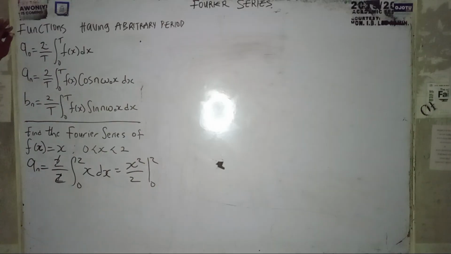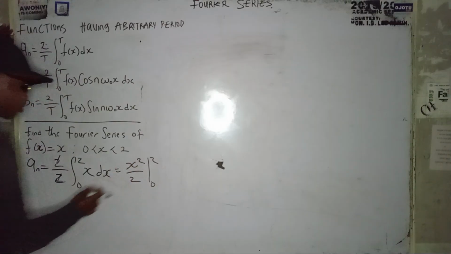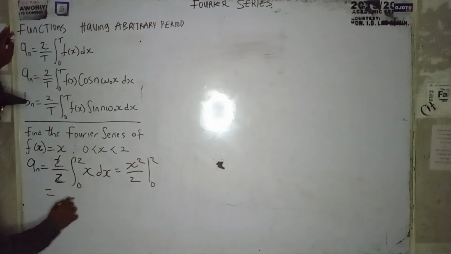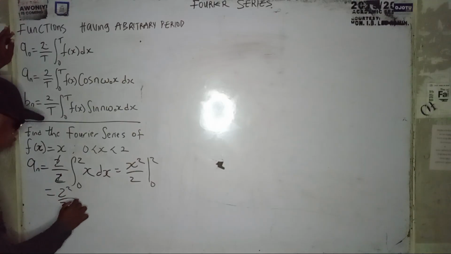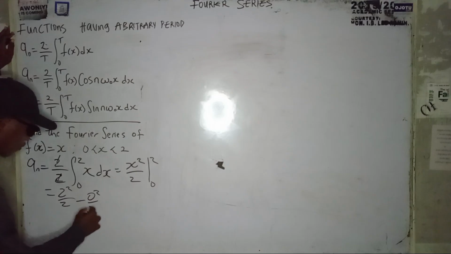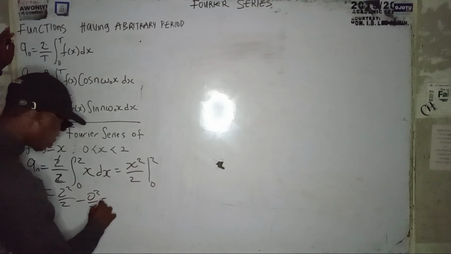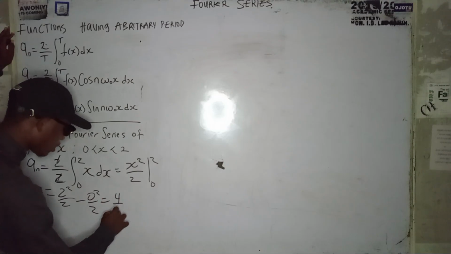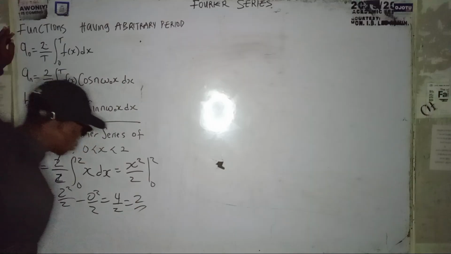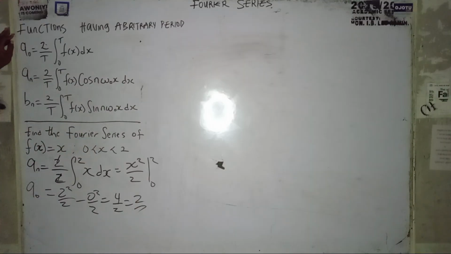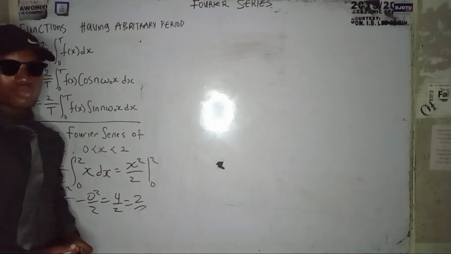If we put 2 in, we have 2 squared over 2 minus 0 squared over 2, which is 4 over 2, which equals 2. So our a naught is equal to 2.